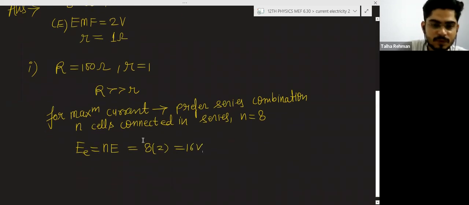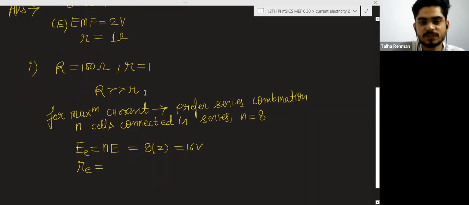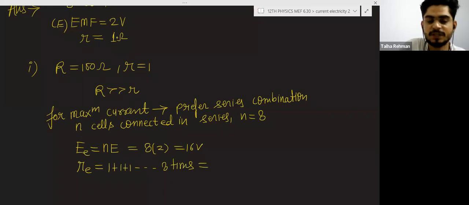And what is the equivalent internal resistance? You will just add the internal resistance of all the cells. We have 8 cells and each cell has internal resistance 1, so you will add 1 plus 1 plus 1, 8 times, so you will get equivalent internal resistance as 8 ohm.